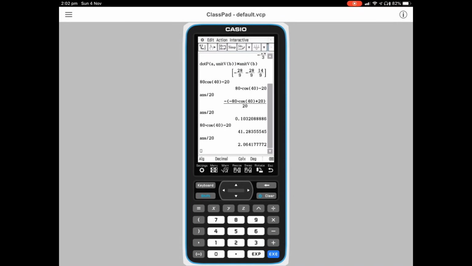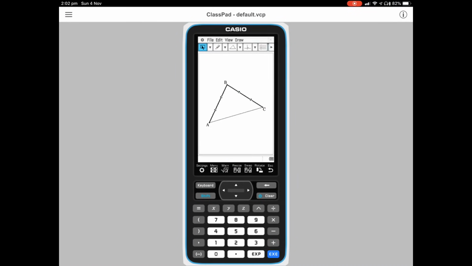So, geometry, 8, 8, it's locked, unlock, 8, 8, clear all, add triangle, 8.